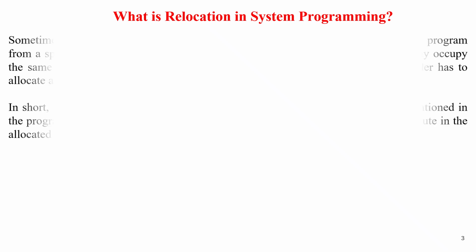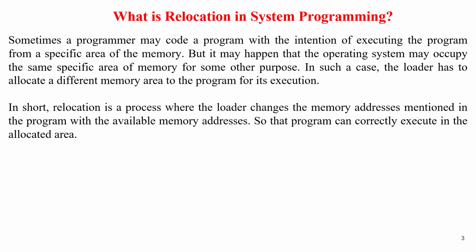Let's see what is written on the slide. Sometimes a programmer may code a program with the intention of executing the program from a specific area of memory. The program mentioned on the slide is nothing but my assembly program, because it is the assembly program which provides memory locations to various instructions and variables. But it may happen that the operating system may occupy the same specific area of memory for some other purpose.